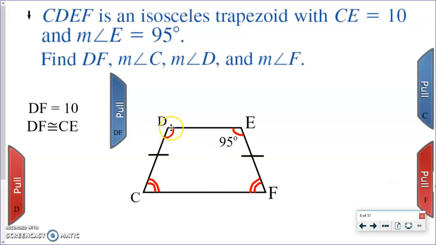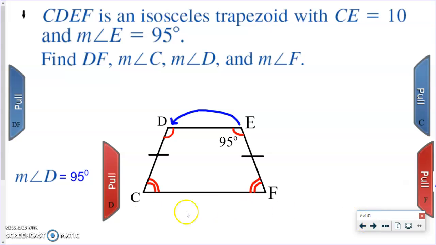All right, how about angle D? Well, what do you think? Angle E is 95 degrees. Since this is an isosceles trapezoid, the base angles are congruent. So that means angle D is going to be 95 degrees also.